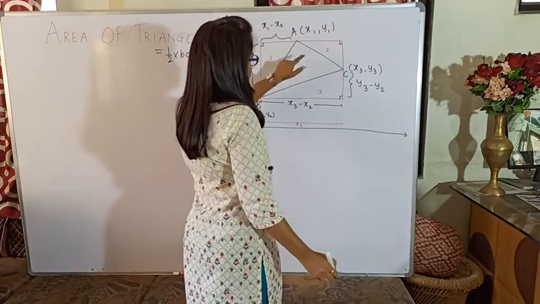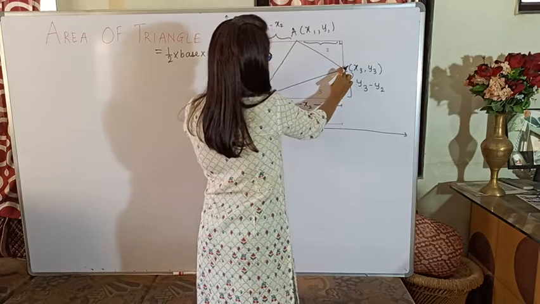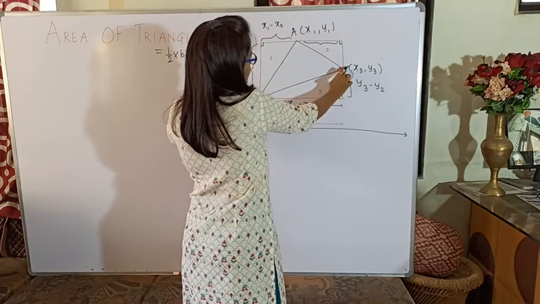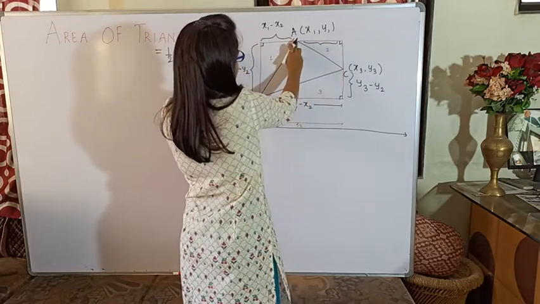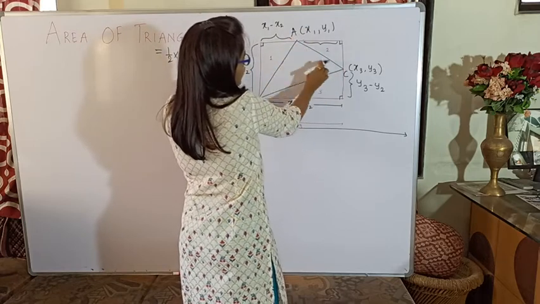So these two triangles also I have got. Now I am left with this triangle. How much is its total length? This total length is x3, and I have to find only this much length. And how much is this much length? This length is x1. See, you have to just look at the vertices and find out the coordinates.